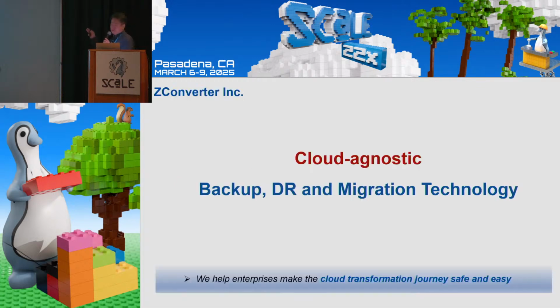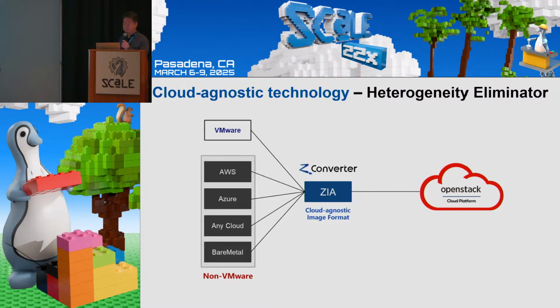We have cloud-agnostic backup, DR, and migration technologies, eliminating heterogeneity problems. GR is the cloud-agnostic backup format, which is a heterogeneity eliminator.